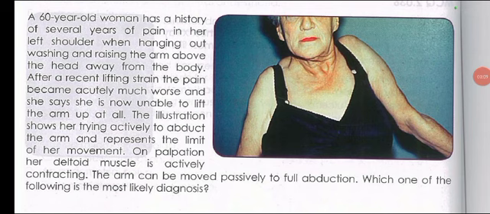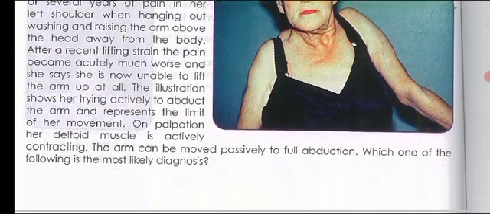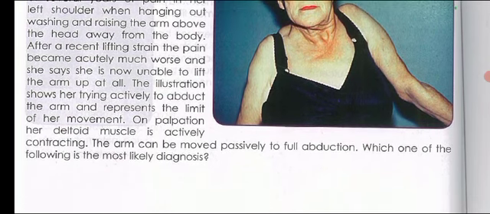A 60-year-old woman has a history of several years of pain in her left shoulder when hanging out washing and raising the arm above the head away from the body. After a recent lifting strain, the pain became acutely much worse, and she says she is now unable to lift the arm up at all.